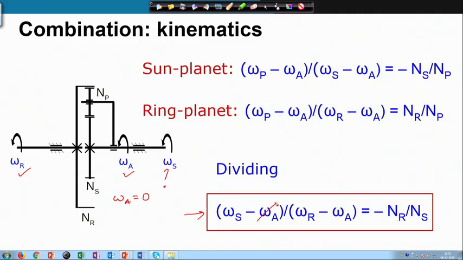If omega arm is 0, then we have this relation: omega s by omega r is minus n r by n s, which means it is a simple transmission between the sun and the ring, what we have for 2 external gears.